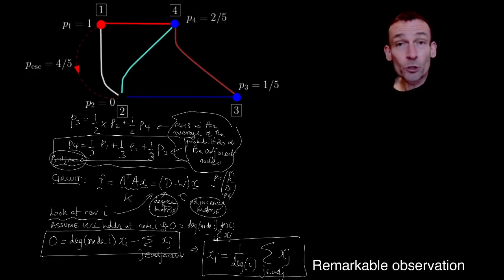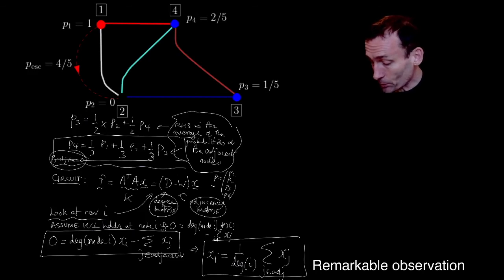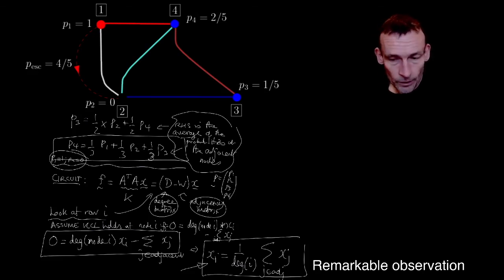Okay, and of course the degree of node i is defined to be the number of edges attached to node i. So this is precisely a statement that the potentials in the circuit problem, the voltages, is the average of the voltages at all of the adjacent nodes, by which I mean those attached to node i by an edge. Okay, so I work out the number of edges, that's the degree i, and I use that to divide the total of the potentials from the other adjacent nodes.